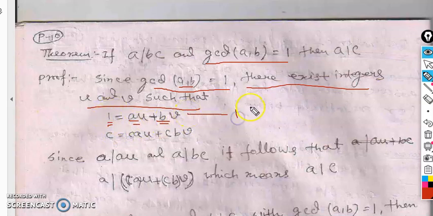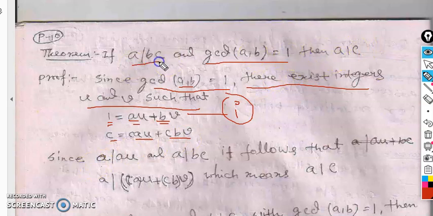If we consider this as equation number 1 and multiply both sides by C, then it becomes C equals CAU plus CBV.